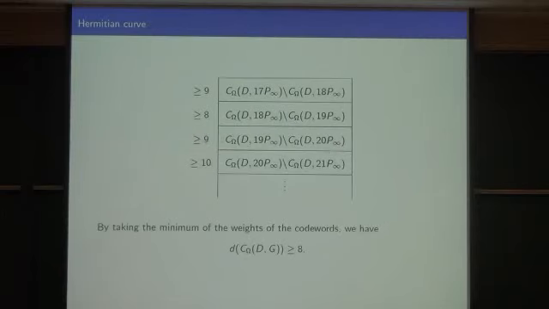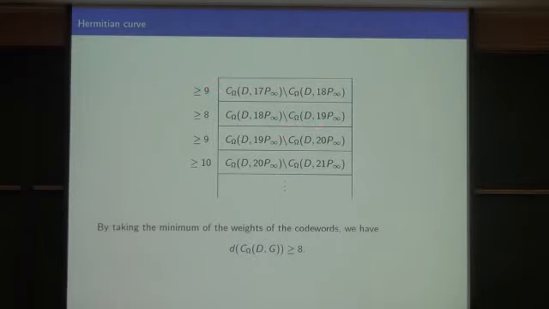Okay. So the first layer, this is the whole code, and we want to find the weights for this layer and this layer, and we are doing this here. So this is the coset bound, it's at least greater or equal to 9, and the next coset bound is at least 8.